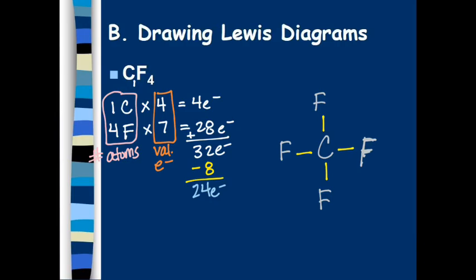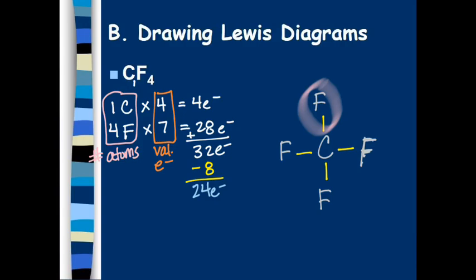When I count around carbon right now, those 4 dashes represent 8 electrons. It has an octet. It's full. We cannot put any more electrons around it. My fluorine, again, it's sharing those electrons. My fluorine only has 2 electrons around it. It needs some more electrons.